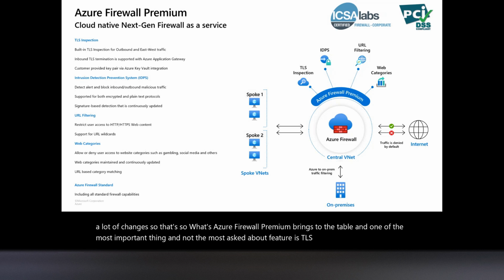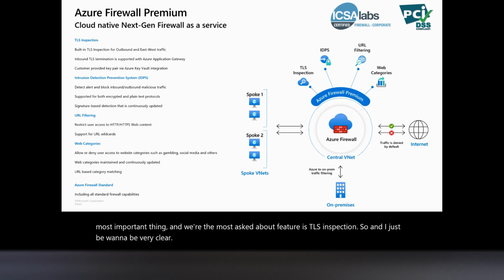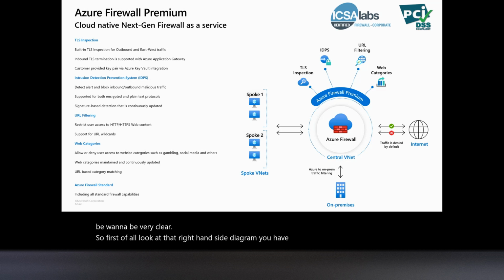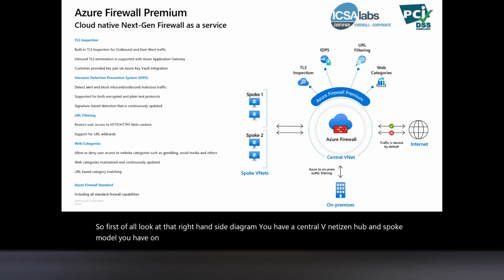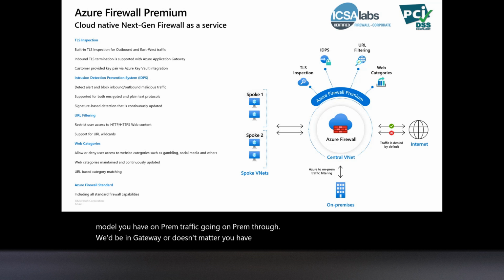And I just want to be very clear. First of all, look at the right-hand side diagram. You have a central VNet as a hub and spoke model. You have on-prem traffic coming in through VPN gateway or ER, doesn't matter. You have the spoke VNets, which are connected to the central hub VNet.